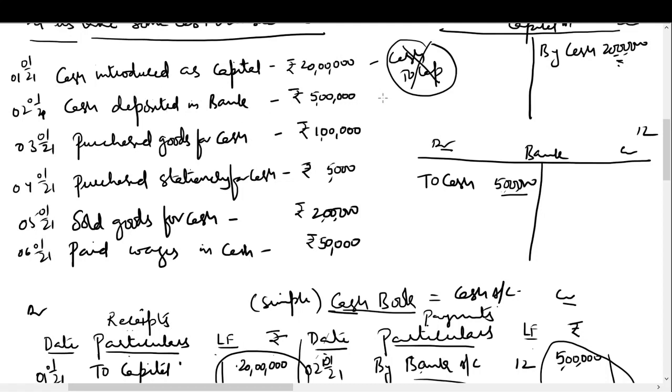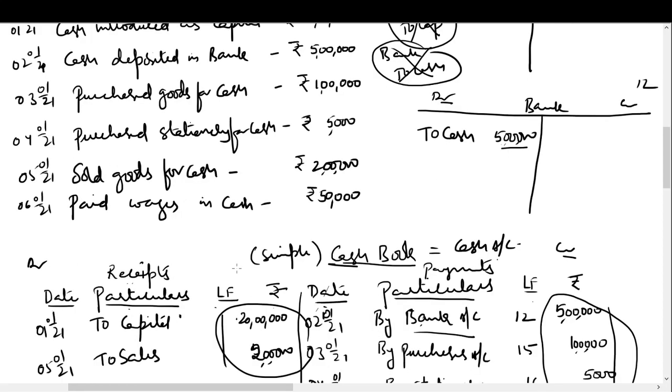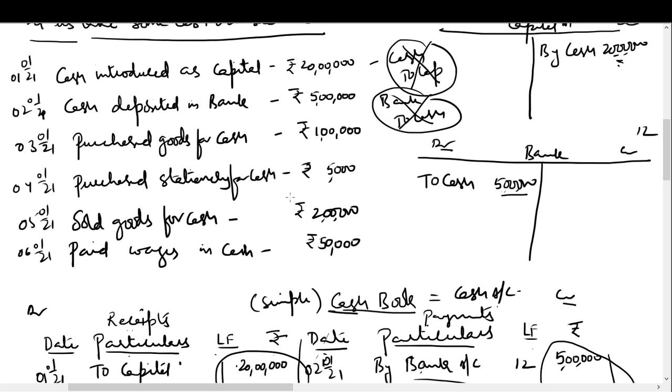Cash deposited in bank, to cash. The same thing is being recorded in the cash book, but not in the form of a journal entry, but using a simpler logic. But if you write journal entries and prepare ledger accounts, you will find that the outcome is one and the same.